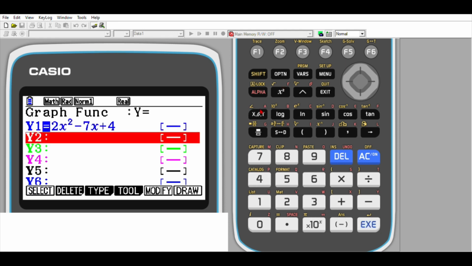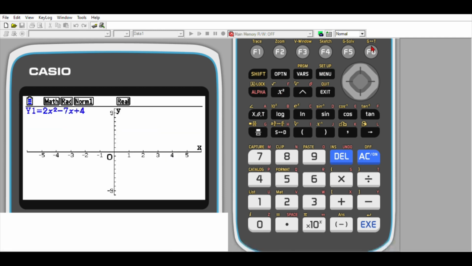Remember, this should be greater or equal than 0 according to our problem. So if we draw this, you see that we get this quadratic function, and here we can analyze how we can make this function be greater or equal than 0, or what region we should look at if we want this to be greater or equal than 0.